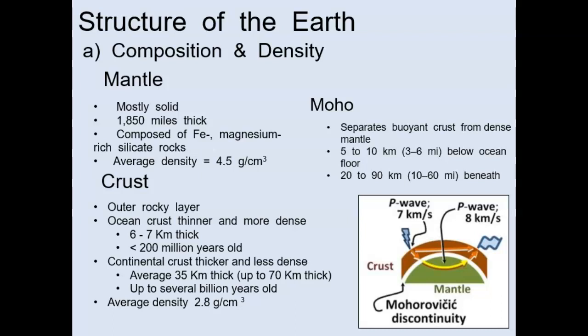The crust, being more buoyant or less dense, floats on top of the mantle. So the Moho is about 5 to 10 kilometers below the surface within oceanic crust, and it lies between 20 to 90 kilometers in depth below the surface within continental crust.